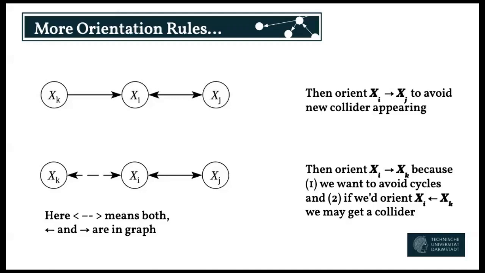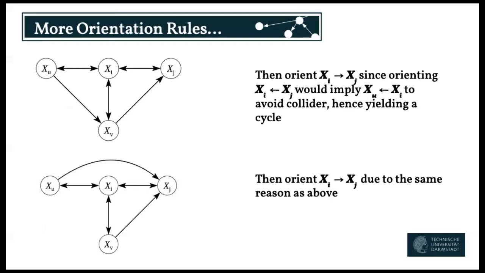We do it such that we cannot get a collider on xi, because we already identified all the colliders. So we can infer that we have to orient the edge such that it does not point to xi.